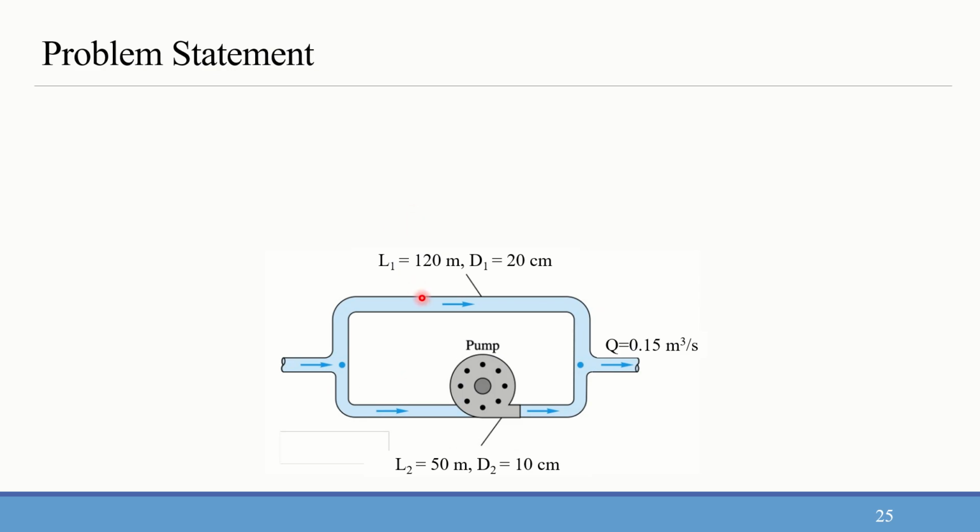The pipe 1 length is 120 meters and diameter is 20 centimeters, and pipe 2 has a pump, with the outlet flow rate at the outlet section of 0.15 meter cube per second.